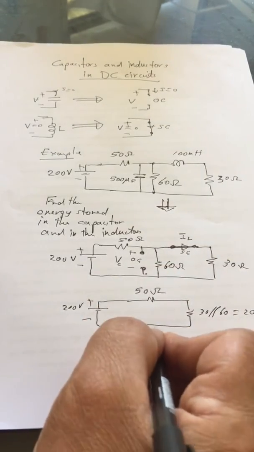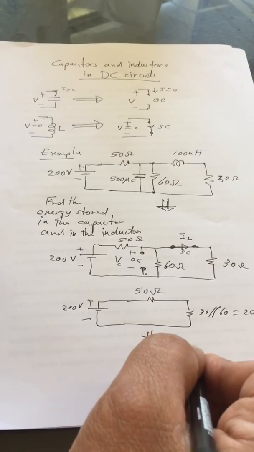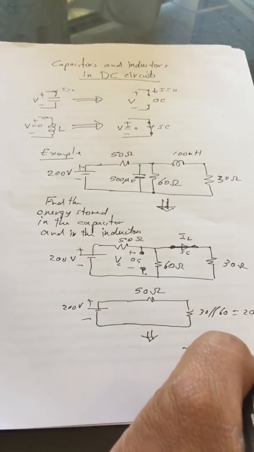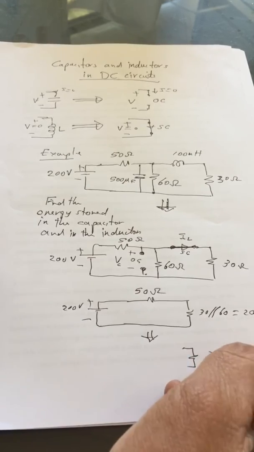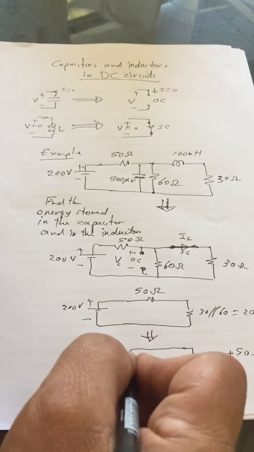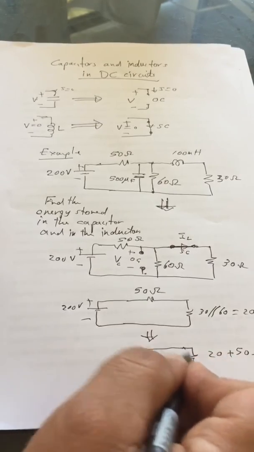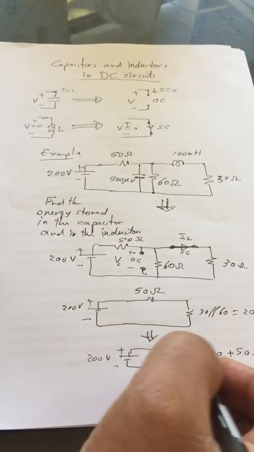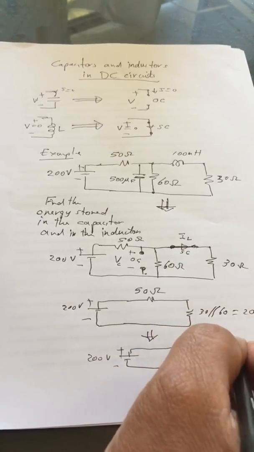So, what we have, a total resistance here of 20 plus 50, that's 70 ohms. Okay? Supplied by a voltage source plus minus 200 volts.